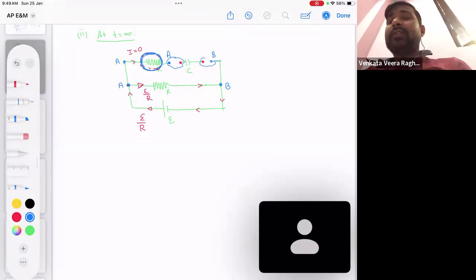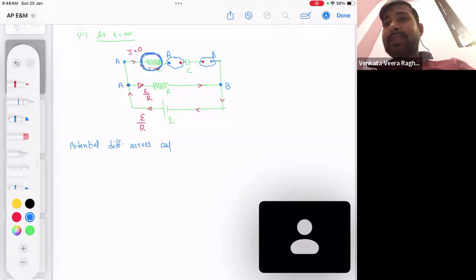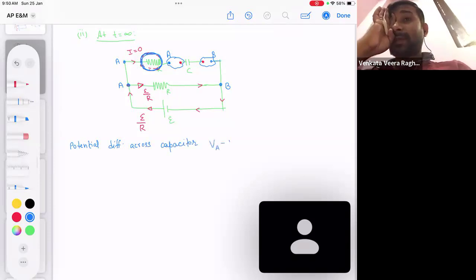Same way, look at these 2 points. So the potential difference across the capacitor is VA minus VB actually. Right?